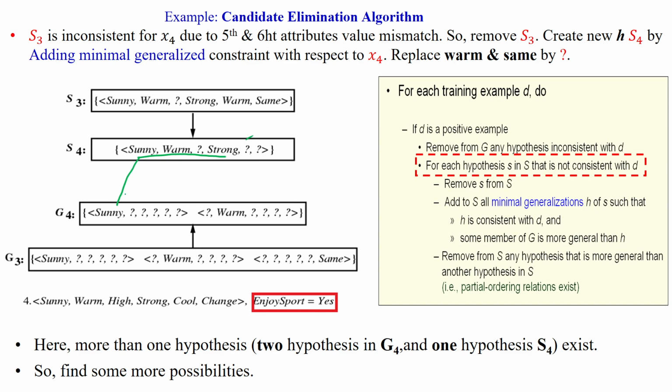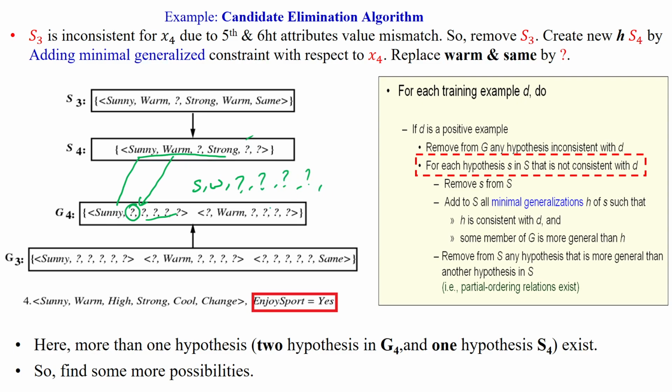So now we will have three specific values and three general values, so we have to compare. Sunny is sunny, so it is matching. Warm, here it is there. So now what we have to do, we will replace this question symbol with warm for different combinations. So sunny, then warm, then all are the same. Only one constraint we are replacing.